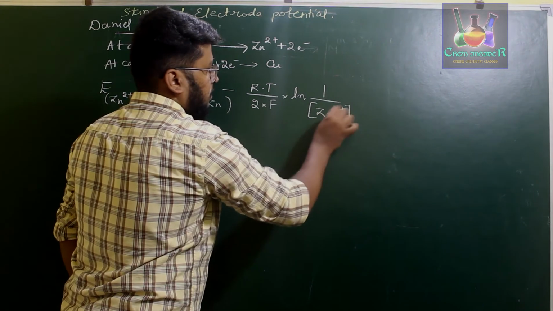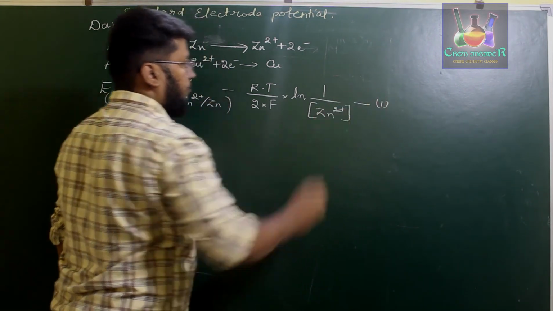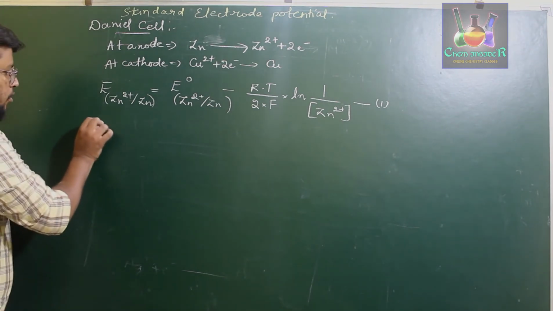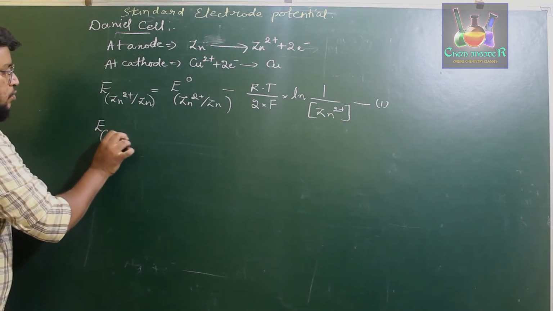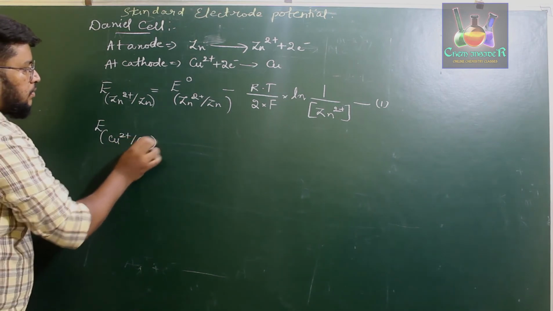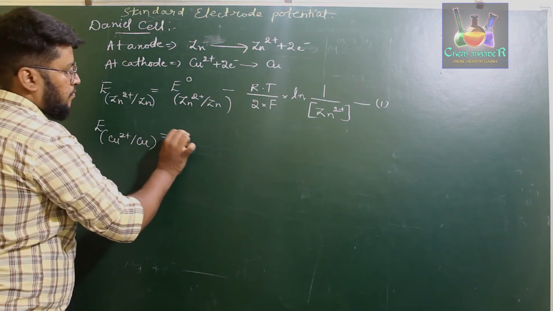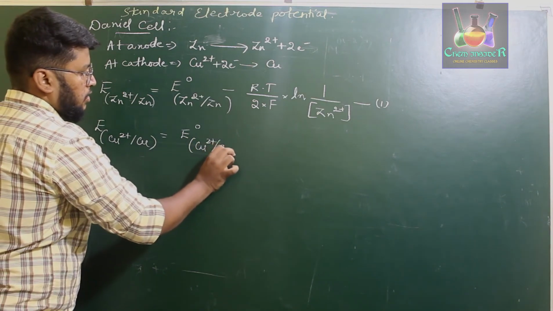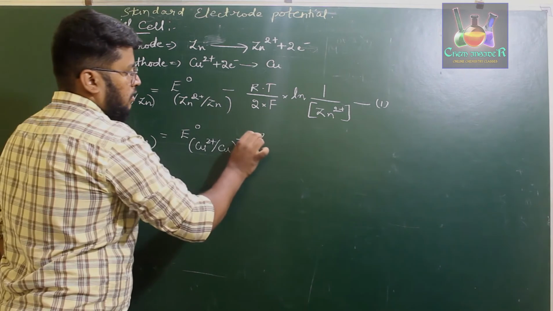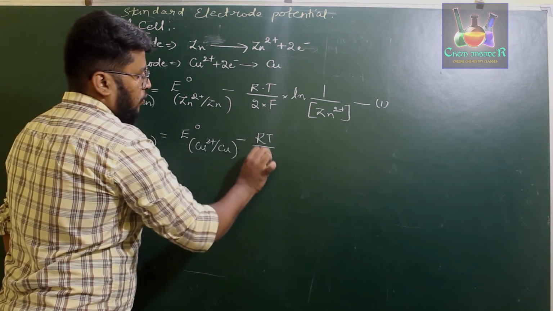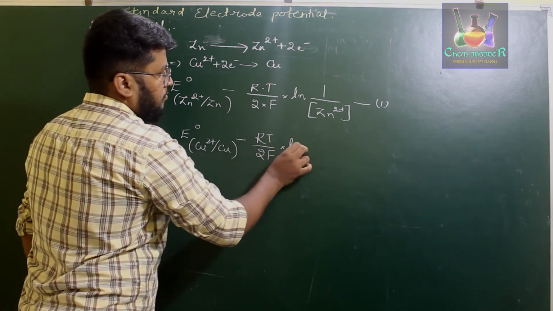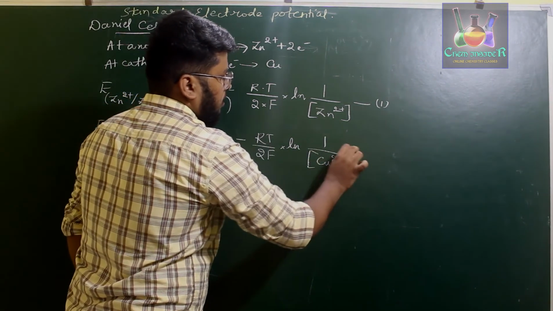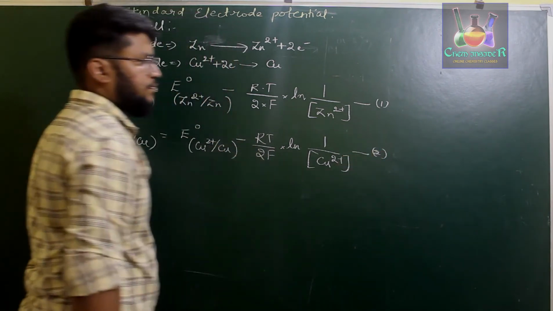That will be equation 1. Now if you consider copper, E of Cu2+|Cu is equal to E naught of Cu2+|Cu minus RT by 2F into ln 1 by concentration of Cu2+. It will be equation 2.